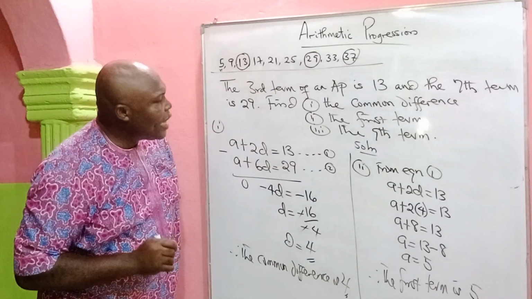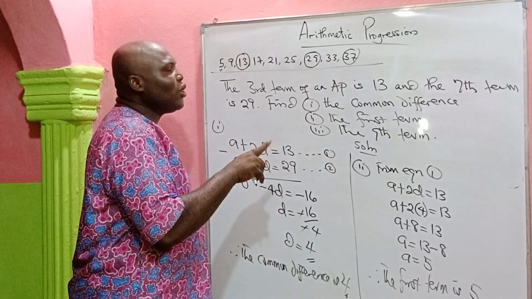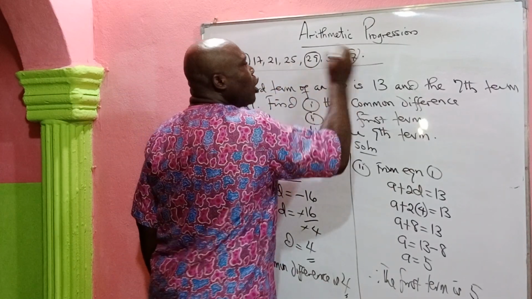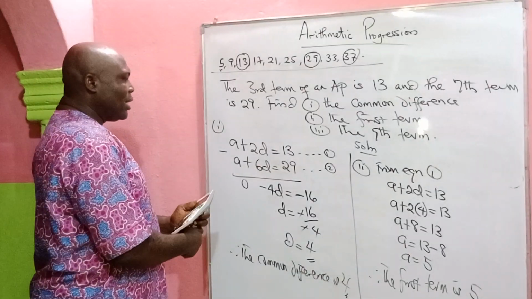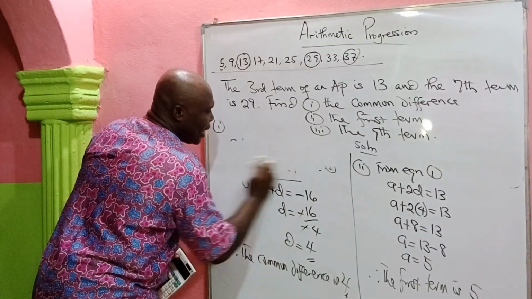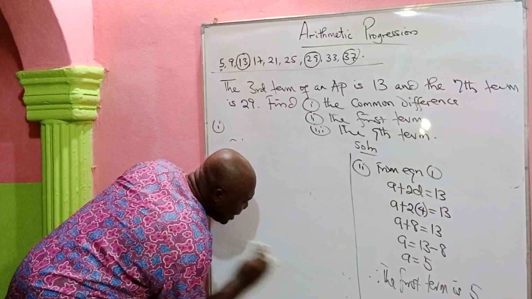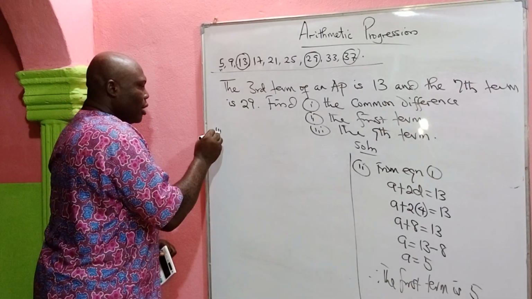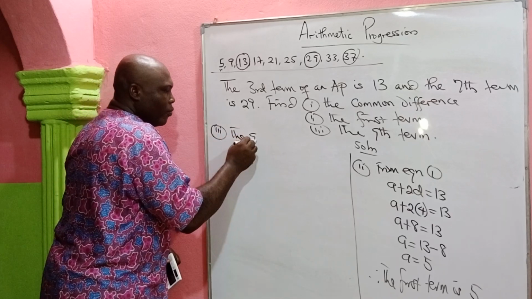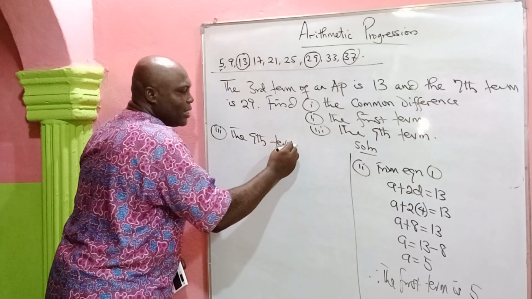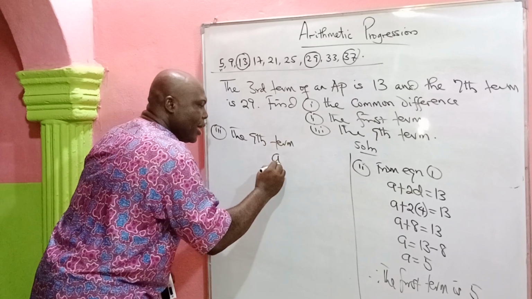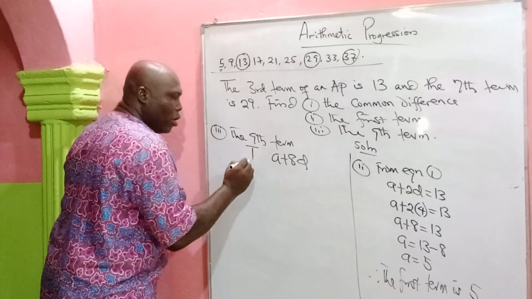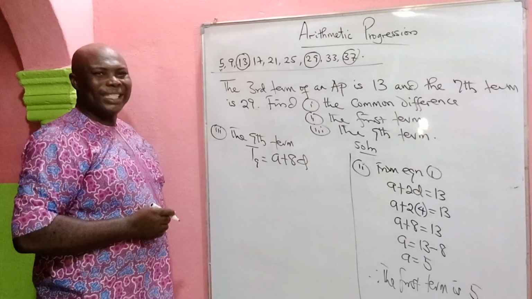Now they said we should get the ninth term. Counting 1, 2, 3, 4, 5, 6, 7, 8, 9, it will surely give us 37. But let's see how that is. So let's find the ninth term. That's the last one. Our ninth term is given as A plus 8D. So T of 9 is A plus 8D.